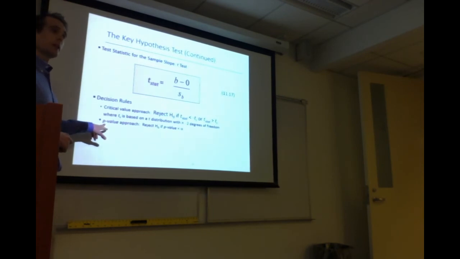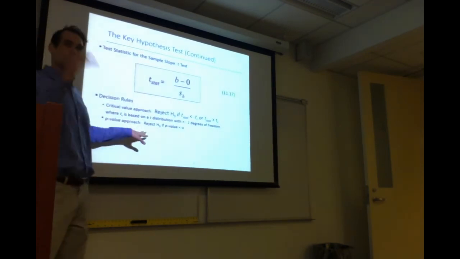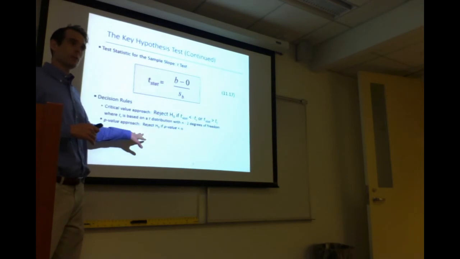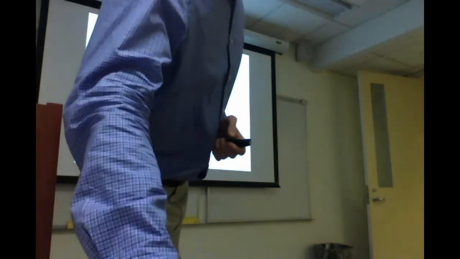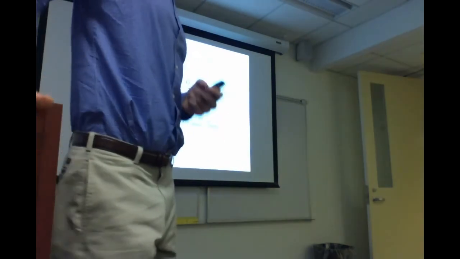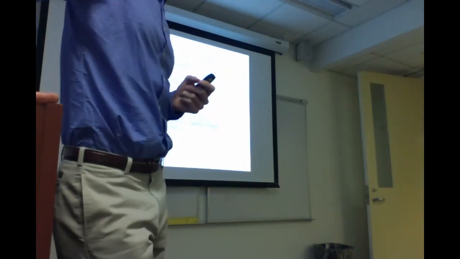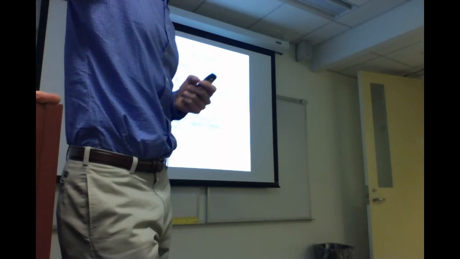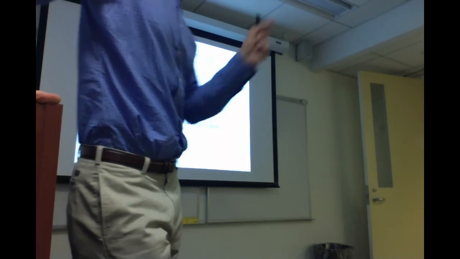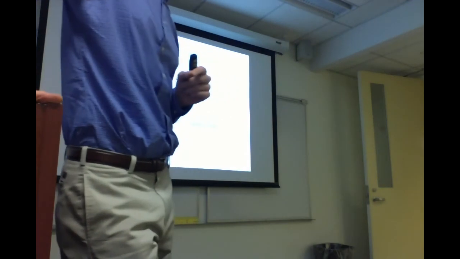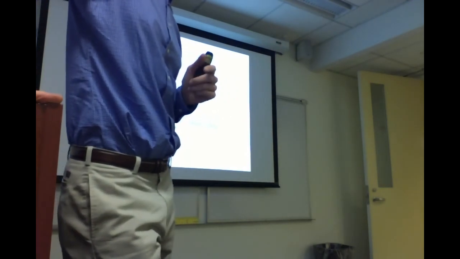Alternatively, we could use the p-value approach. For t, you're going to need to use Excel to calculate the p-value. The p-value tells us the probability of finding a result at least that extreme. So a low p-value says, gosh, that was really unlikely to happen.